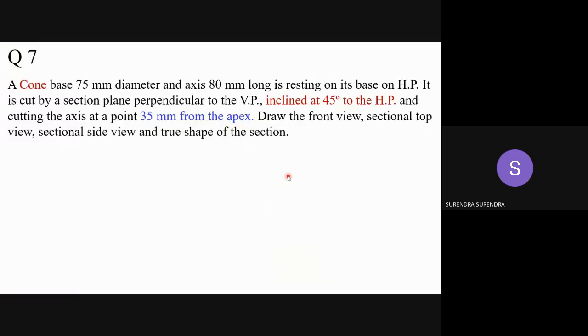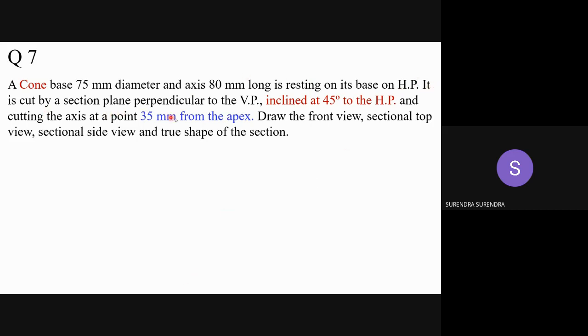Now note down the next problem. It is with a cone. See here, I am highlighting the basic points which we have to identify from the problem. A cone with base 75 mm diameter and axis 80 mm long is resting on its base on the horizontal plane.